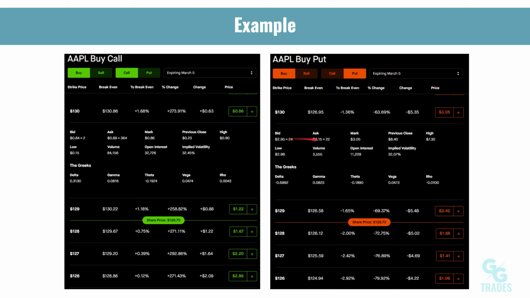That's a 20-cent spread. If you market order this, you might get filled anywhere in that range, depending on where there is a seller. For the call spread, you have a 4-cent range you're probably going to get filled in, so anywhere between 84 cents and 88 cents. And for the put spread, anywhere between 2.95 and 3.15.